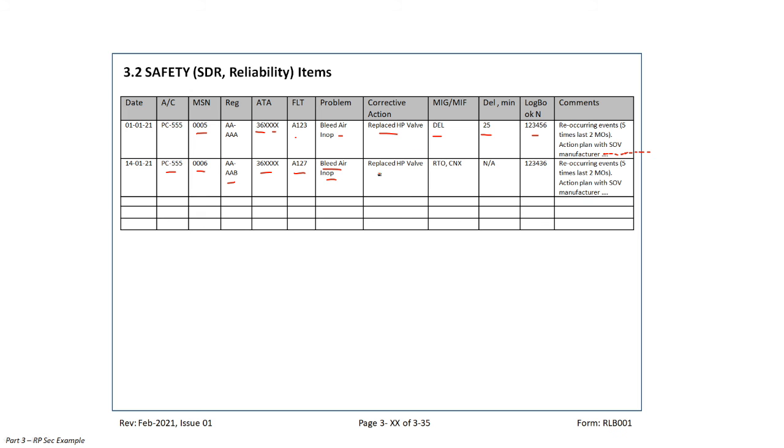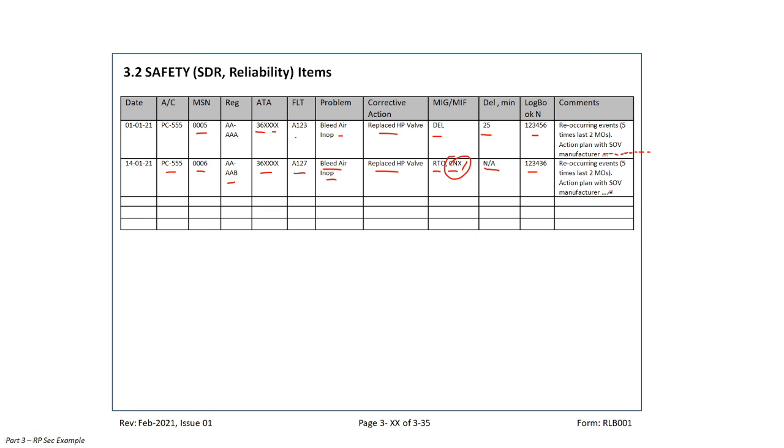Corrective action again, replaced high pressure valve, mission interruption ground, mission interruption flight. We had a rejected takeoff and the flight was cancelled. Delay in this case is definitely not applicable because the flight was cancelled, right? And here's the logbook number and again some comments, reoccurring events 5 times last 2 months.